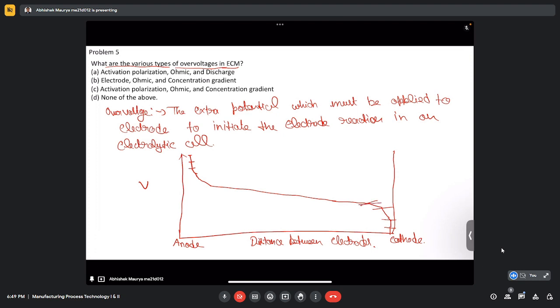First of all, the potential drop which we see is called the anode potential, and after that there is another over voltage, called activation polarization over voltage.